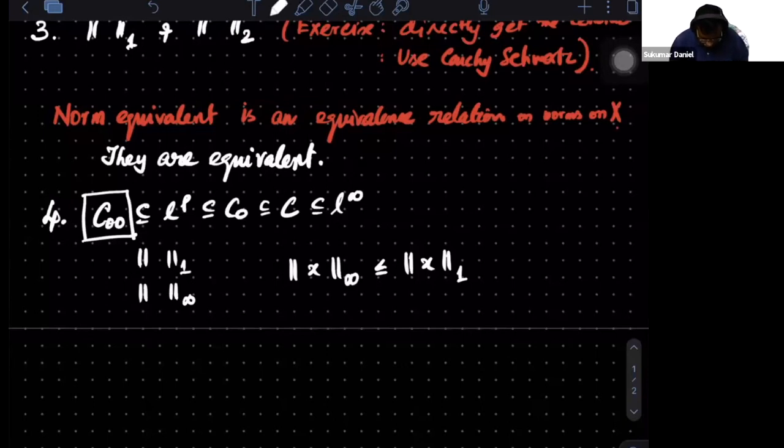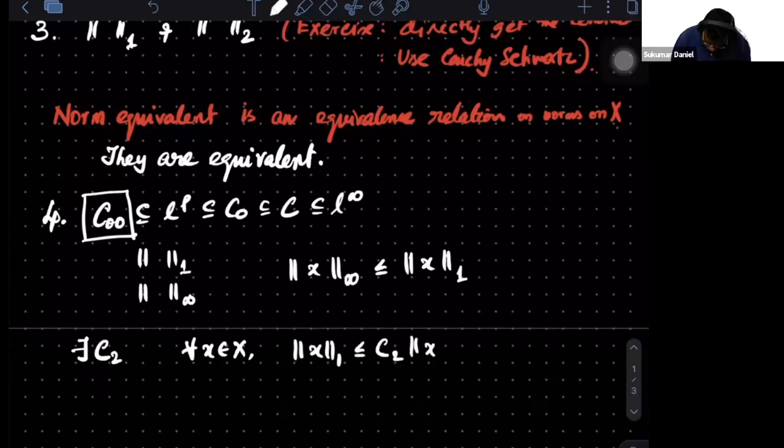So we want to say now that you cannot find any such constant C2. So what is the meaning of that? We are actually trying to find out whether there exists some C2 such that for all x in X, norm x1 is less than or equal to C2 times norm x infinity.